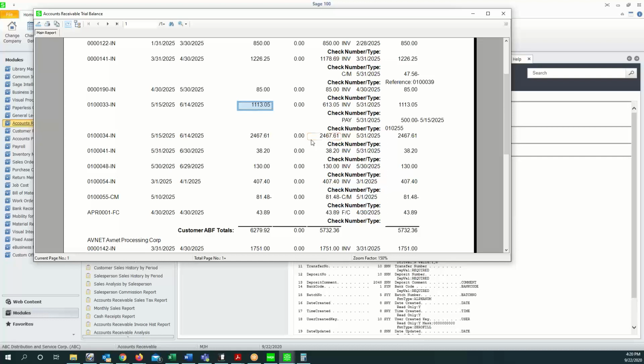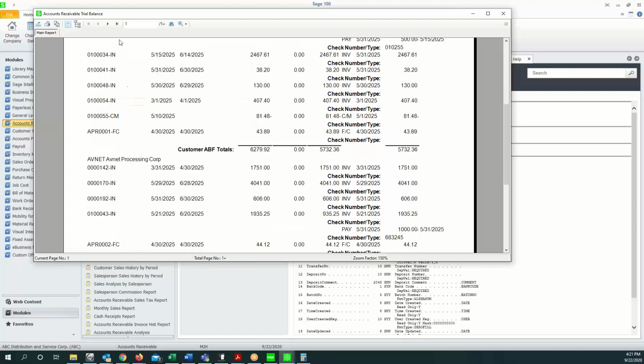So that should all be relatively easy to follow. And the key thing that I want to point out on this particular report is that you have the ability to see the transaction dates, not only of the invoices. So I can say, yes, I match my invoice date with the period in which it posted. So that shouldn't give me any kind of a timing discrepancy. But I also see the payment dates that have an effect on the ending balance for the period I've run this report.